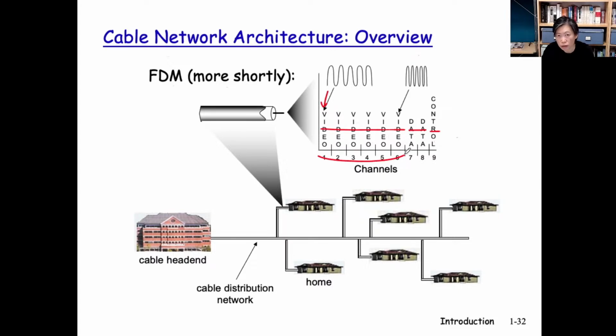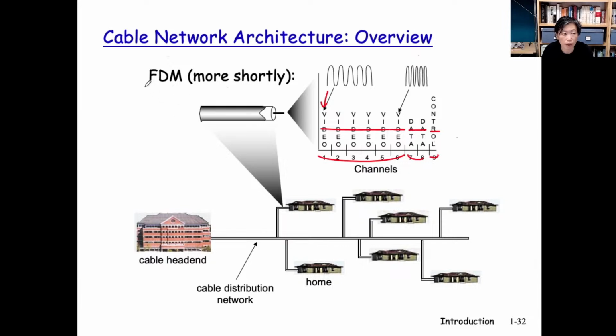Channels 1 to 6 are for videos, which are the TV programs. Channel 7A, in this example, is for the internet data. And then these control messages, such as switching to a different TV program, are on just one subband. And so they run on frequency subbands that are not overlapping, completely separated, so that they will not interfere with each other.